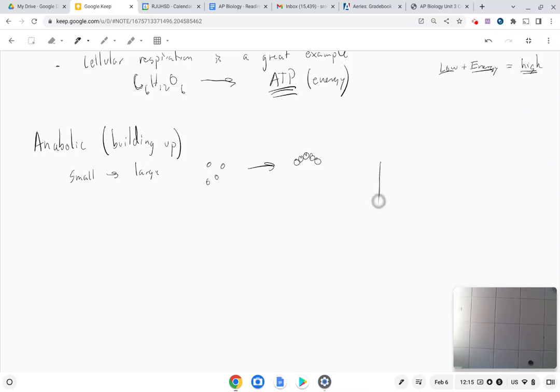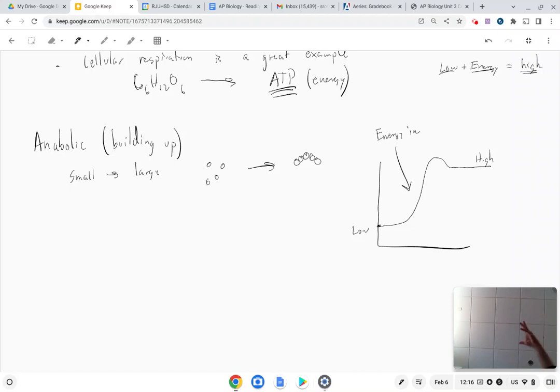From the energy perspective, this is the opposite, right? You're starting from a low energy state and you're ending in a high energy state. And so, as you know, in order to get up this hill, we're going to have to put energy into the system. Energy in. Now, where does the plant get its energy to perform these anabolic reactions? The sun, right? Uses sunlight.